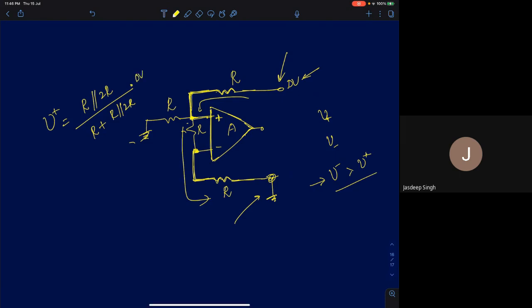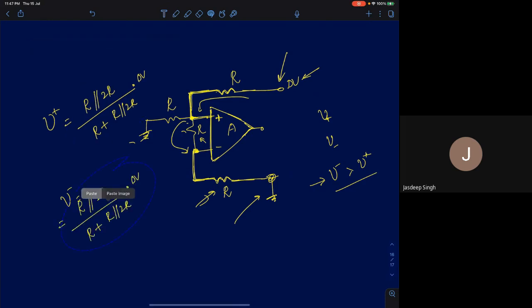But you see here, a fraction of this V plus also appears at V minus. Since these resistors are R and R, it will be just half. At V minus, you are going to have this term here and a half factor.